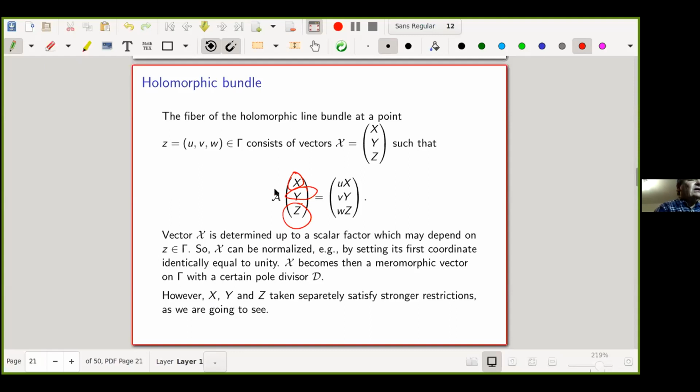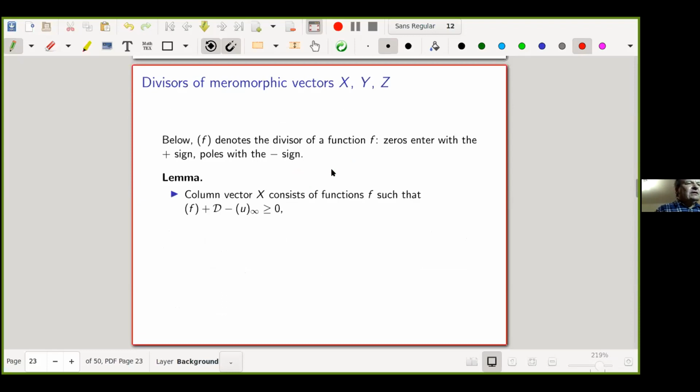You multiply matrix A by this X and obtain here X multiplied by U. So if you just think about it a bit more, you will discover that X consists of vectors that have additional restrictions.